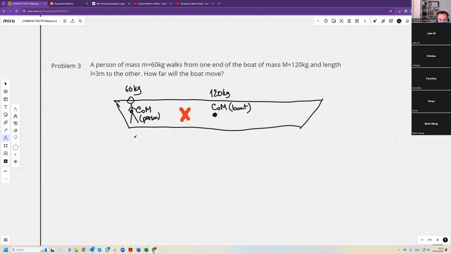So if the whole length of the boat is 3 meters, this means that this is 0.5 meters. And this is 1 meter. So that's the center of mass of the boat plus person.